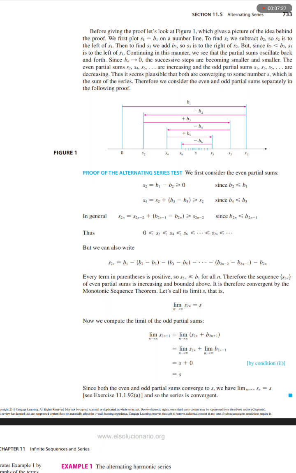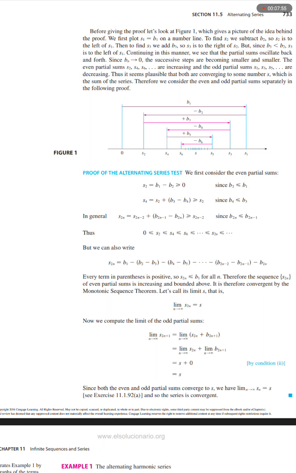Every term in parentheses is positive, so s sub 2n is less than or equal to b sub 1 for all n. Therefore, the sequence {s sub 2n} of even partial sums is increasing and bounded above. It is therefore convergent by the monotonic sequence theorem.